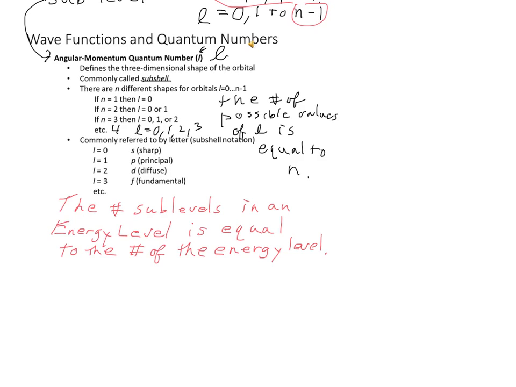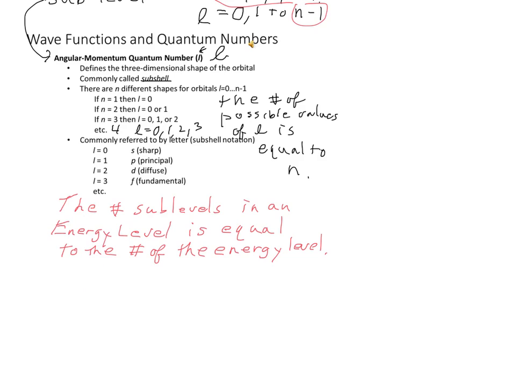When the angular momentum quantum number has a value of 0, it's referred to as S. When it is 1, we refer to it as a P, 2 a D, 3 an F. You are responsible for knowing that an angular momentum quantum number of 0 corresponds to S, 1 to P, 2 to D, 3 to F, and the rest in alphabetical order.